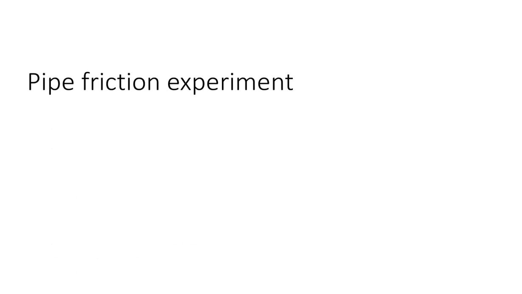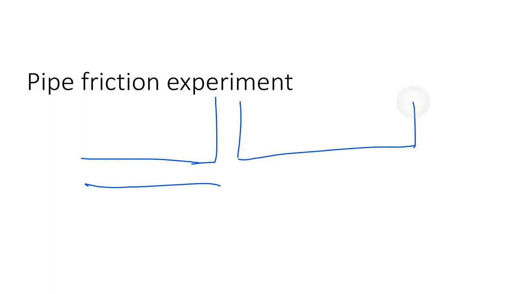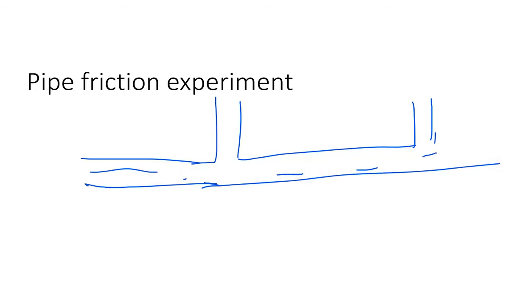So your first observation was you connected the manometer across the length of pipe. Like this, the pipe is there, then there is a manometer here, and then there is a downstream manometer, right? So there is a flow of water, then this height you measure. H1, and then H2.